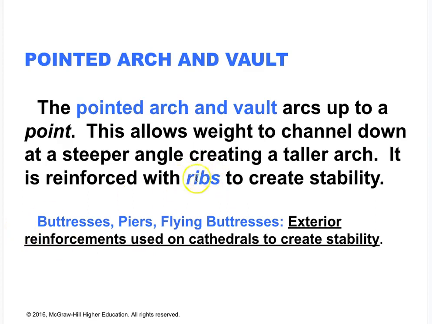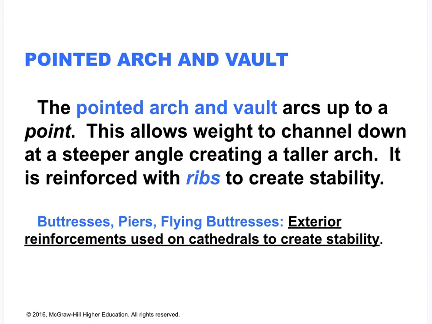The ribs are part of the actual vault, but these are actually exterior things that are added to these buildings to create stability. So when we're talking about any of these, really, the barrel vault, the groin vault, those are all things that we oftentimes see on old architecture like cathedrals and churches.